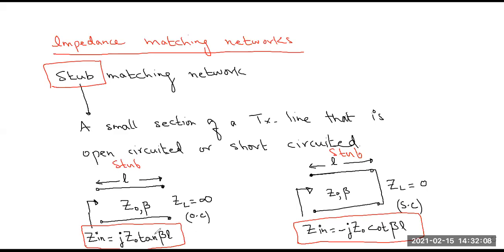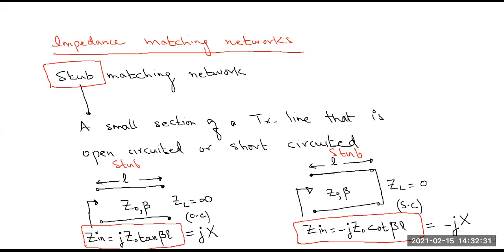So this result means that the impedance is equal to jX, a reactance. Similarly, this result tells us that the impedance is minus jX.